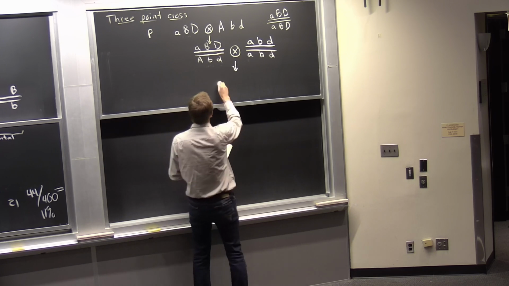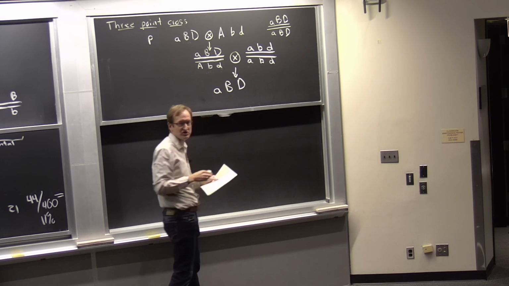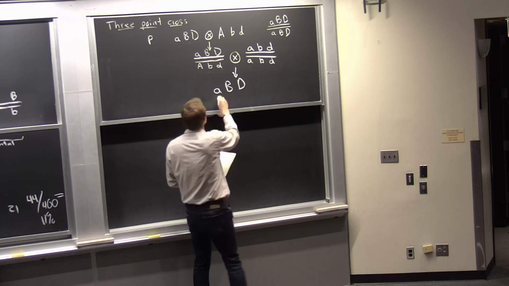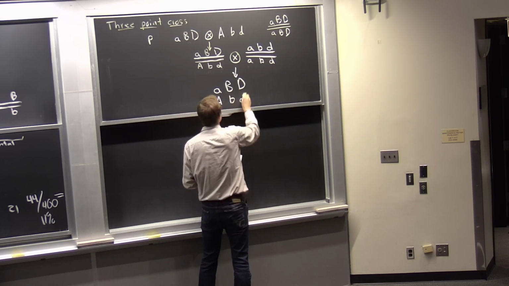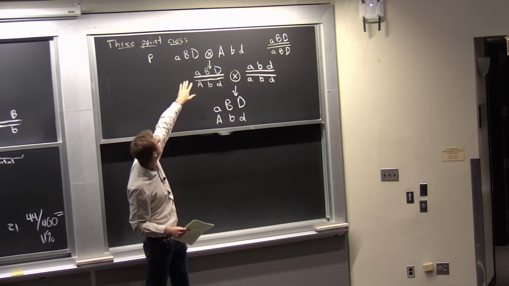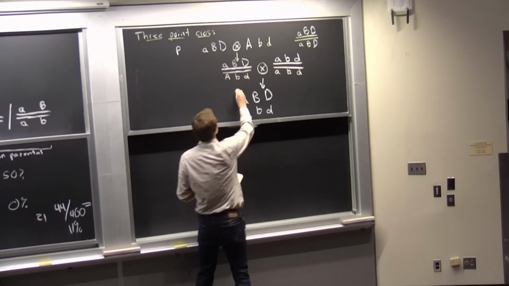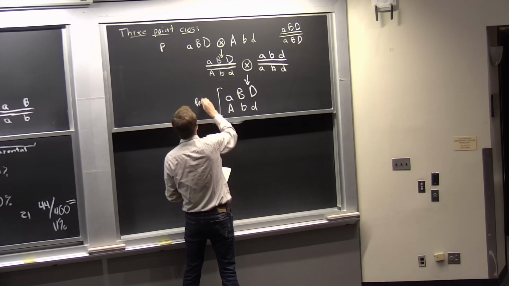So we can consider now this first one here. That's one potential class of progeny. Another class would be this one. And these two, you can see, resemble the parents, right? So these are the parental classes of the progeny. So this is parental.